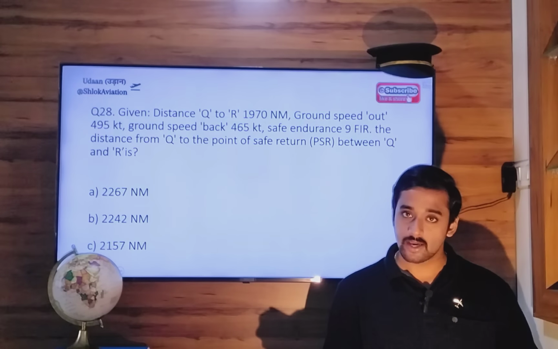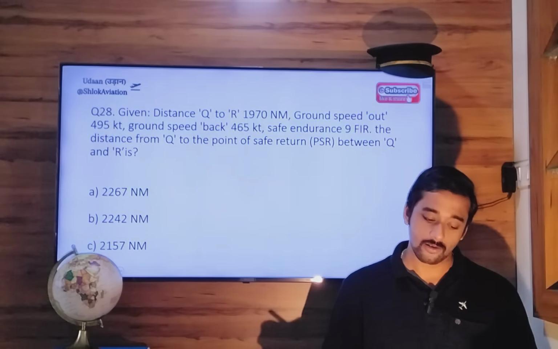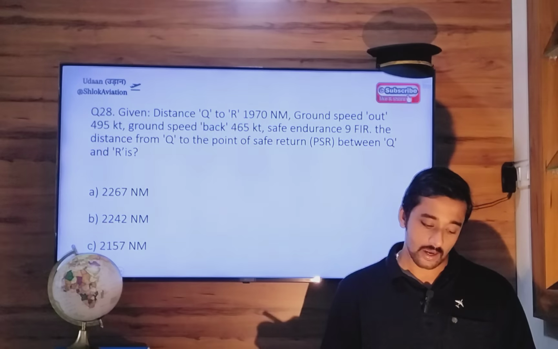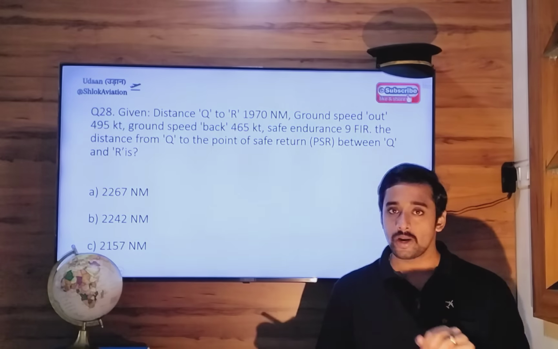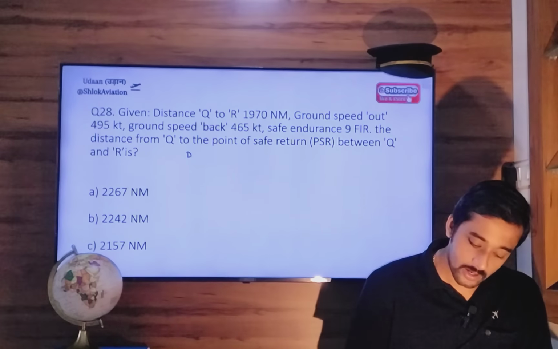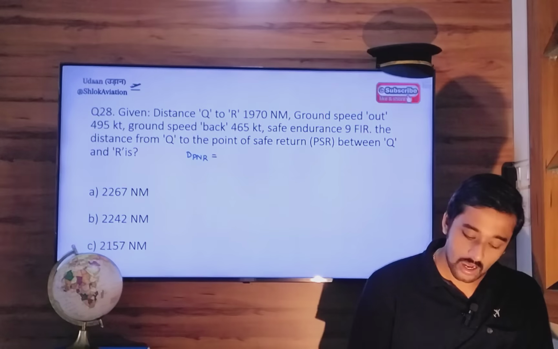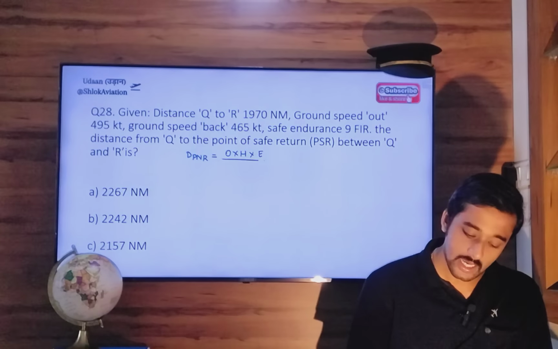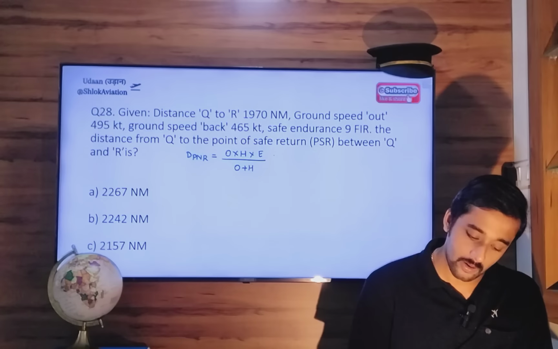Distance Q to R is given to you. Ground speed outbound, ground speed homebound, endurance is given. We have to find out distance to the point of no return. So distance to the point of no return equals outbound ground speed into homebound ground speed into endurance divided by outbound plus homebound.